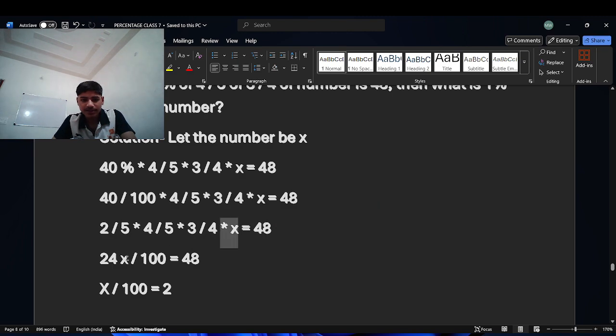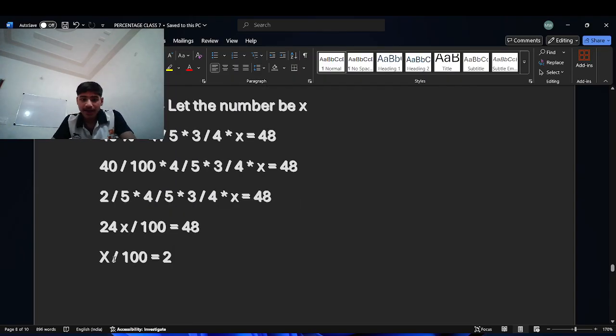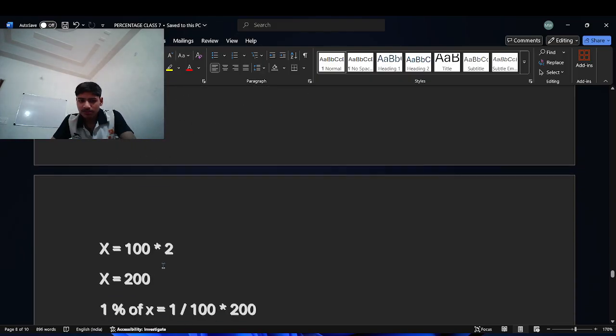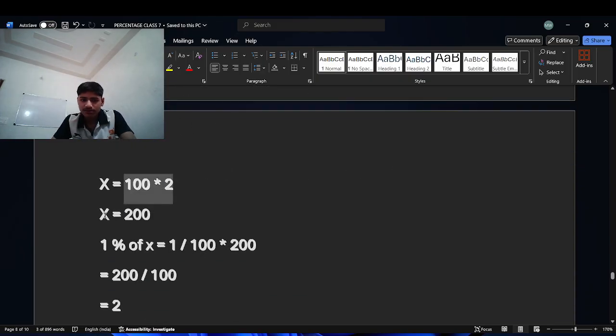So 24x divided by 5 times 5 times 4, which is 25 times 4, is 100. 24x by 100 equals 48, so x by 100 equals 2. So x will be 100 times 2, and x is 200.